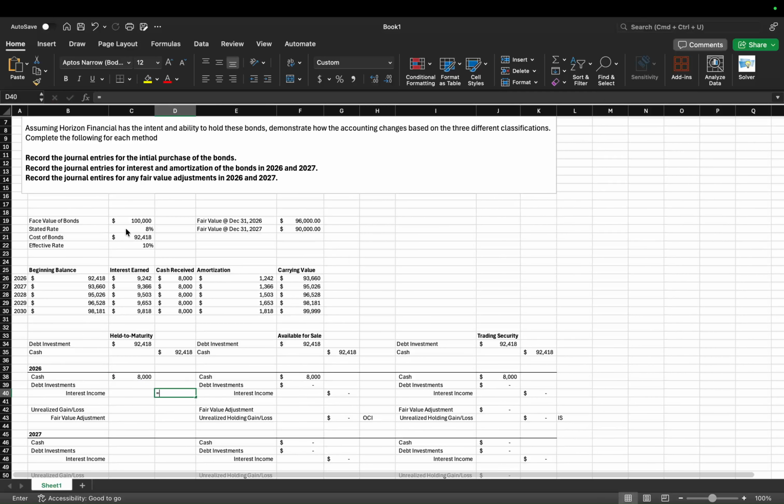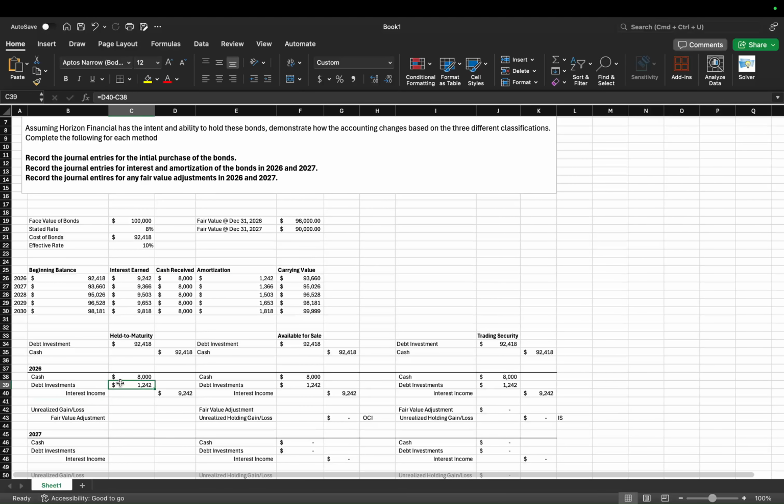Then our interest income is going to be our beginning balance of the current year, which is the same as the purchasing price of the bonds, times the effective rate. Then we can just plug this number in for our debt investments. If you look, you'll see these are the exact same numbers in our amortization schedule.